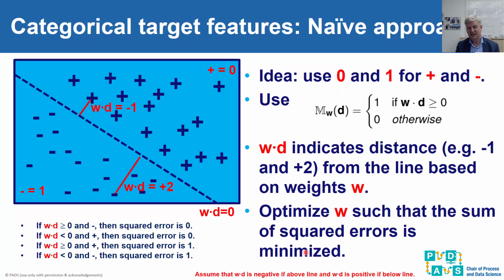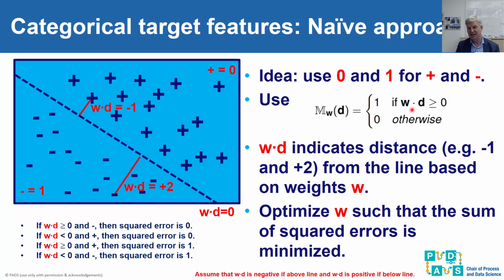So using this, we can talk about above and below the line depending on what kind of conventions we use. And now the basic idea is that we label our real data using values 0 and 1. So here on this slide we are using plus is equal to 0, minus is equal to 1. So we are using this convention.